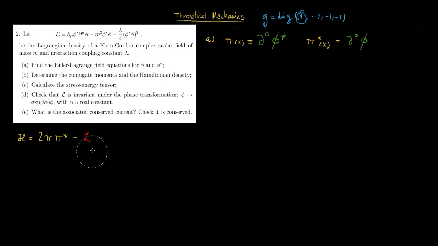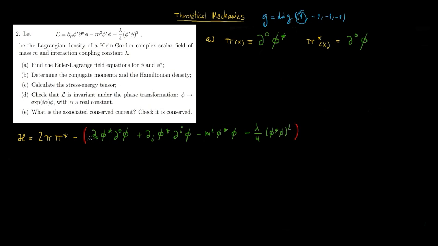And now let's substitute the Lagrangian density. It will be partial 0 phi star, partial 0 phi plus partial i phi star, partial i phi minus m squared phi star phi minus lambda over 4 phi star phi squared.